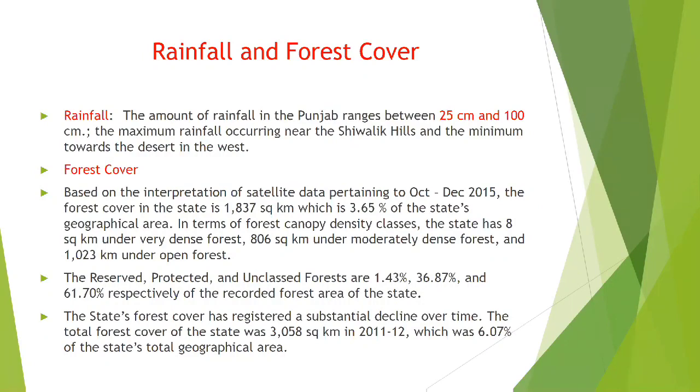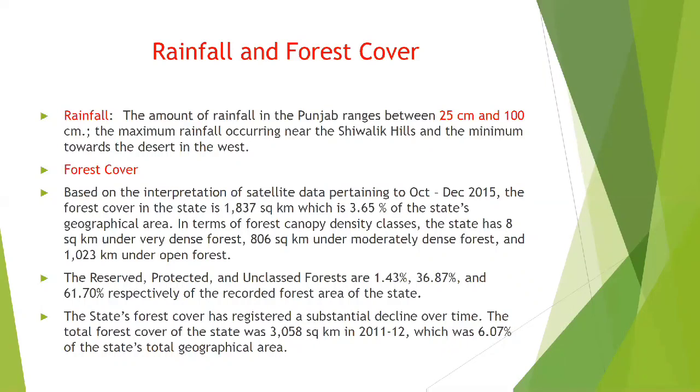Based on the interpretation of satellite data pertaining to October to December 2015, the forest cover in the state is 18,037 square kilometers, which is roughly 3.65% of the state's geographical area, which is obviously very low.